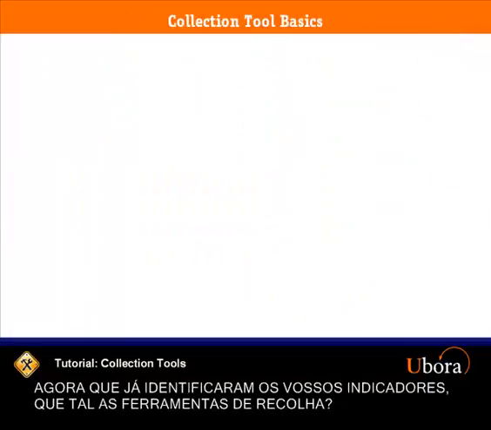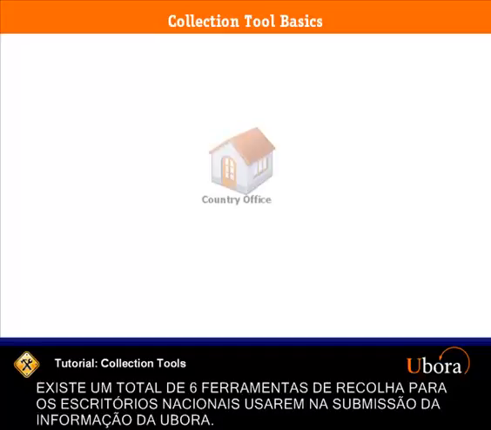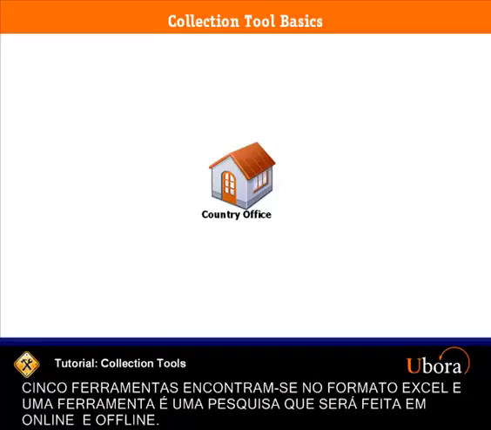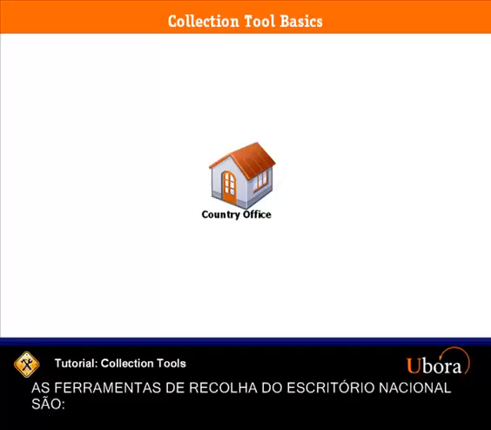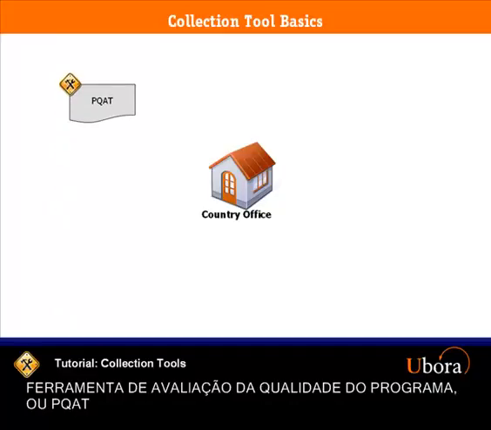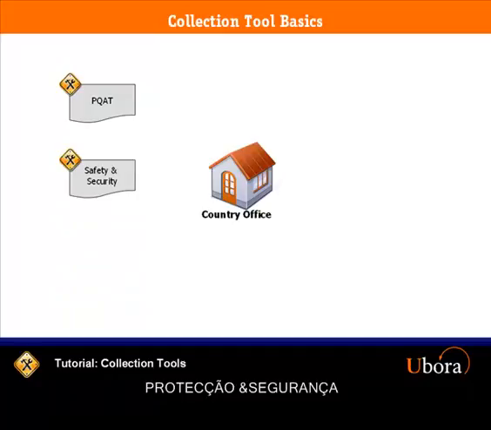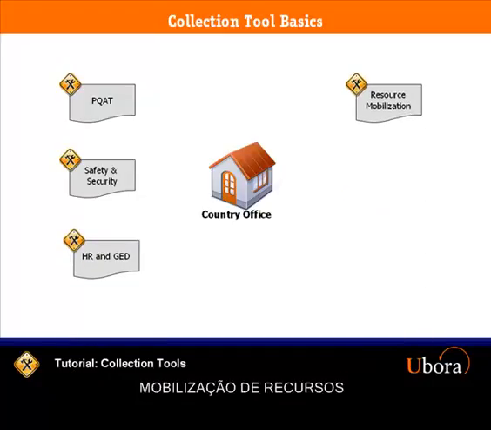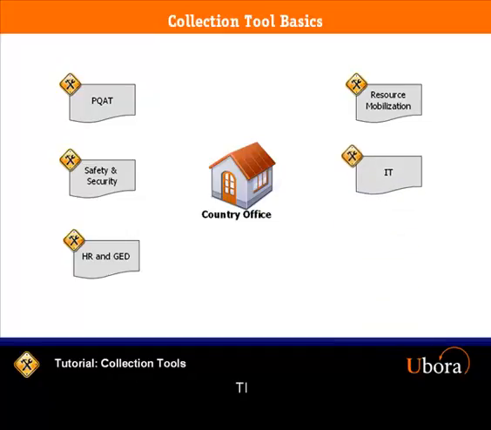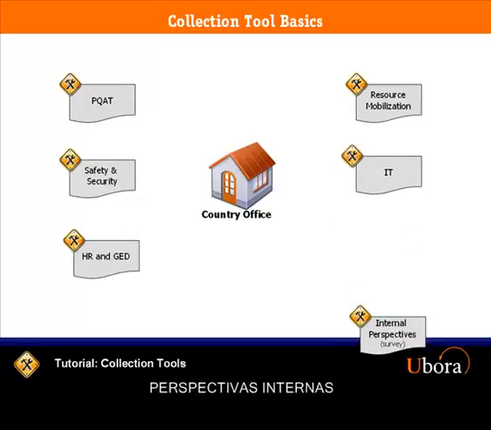Now that you have identified your indicators, what about the collection tools? There are a total of 6 tools for country offices to use to submit their Ubora data. 5 tools are in Excel, and 1 tool is a survey that will be made available online and offline. The country office collection tools are the Program Quality Assessment Tool, or the PQAT, Safety and Security, Human Resources and GED, Resource Mobilization, IT, and Internal Perspectives.